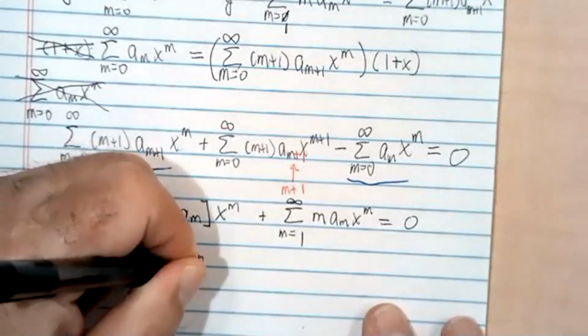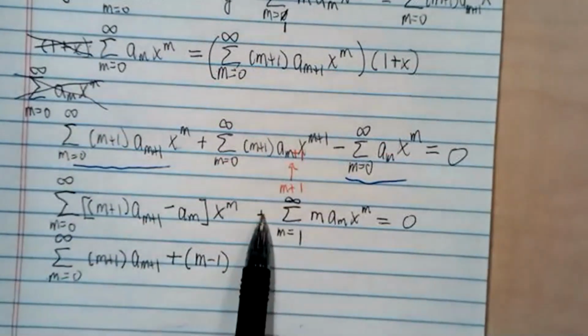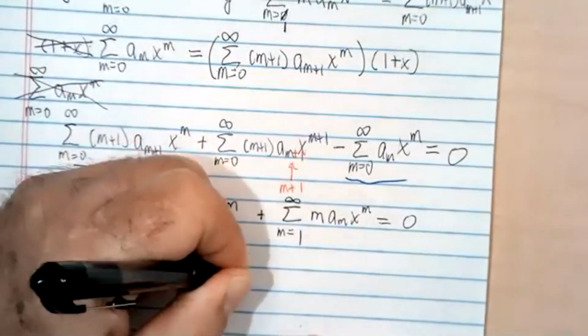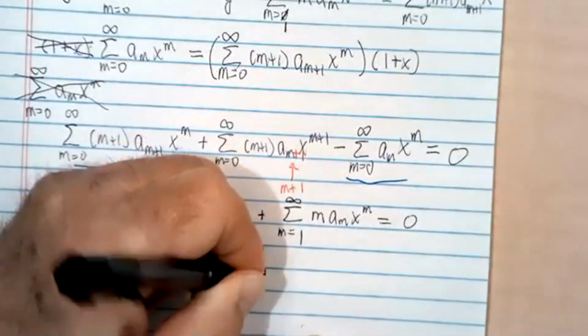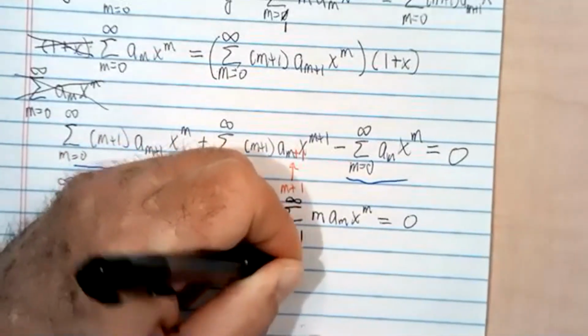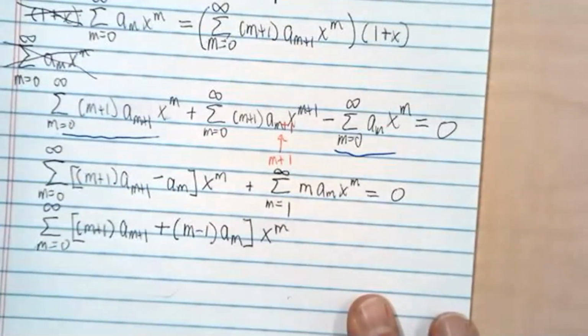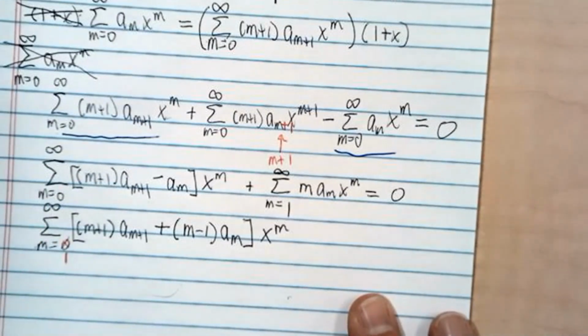So this looks to me like m minus 1. So we've got m plus m and minus 1 times a_m. And then all of that is the coefficient on x to the m. And that is good as long as m is at least 1. So I really should amend this here and say, no, start that at 1.